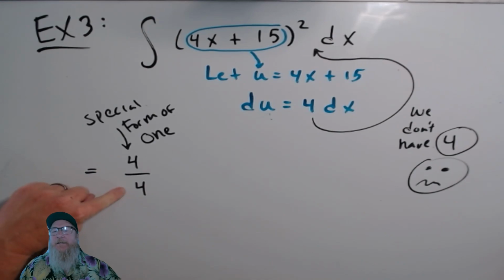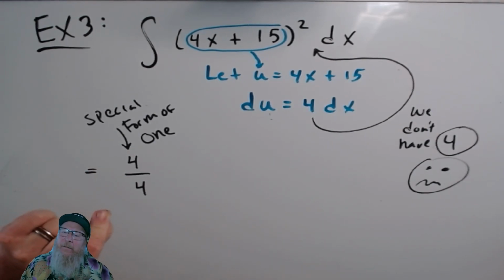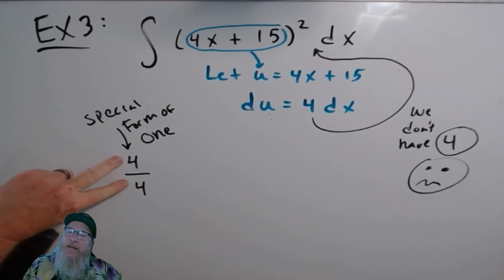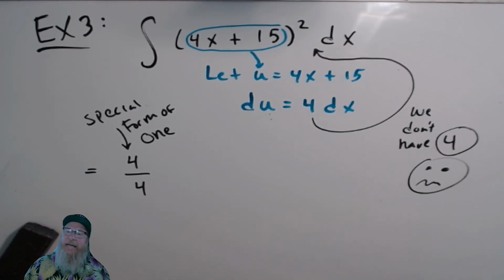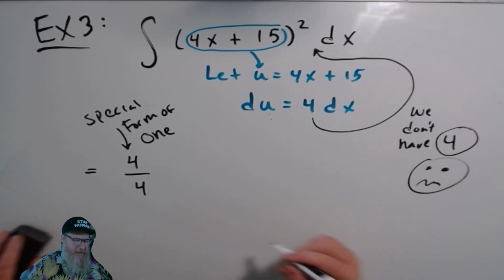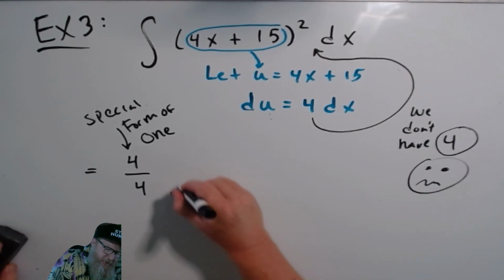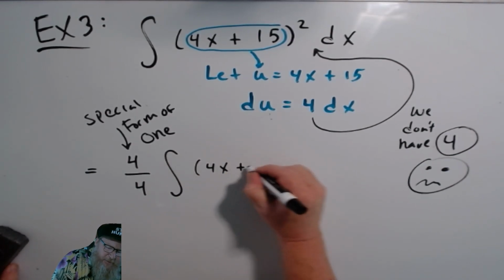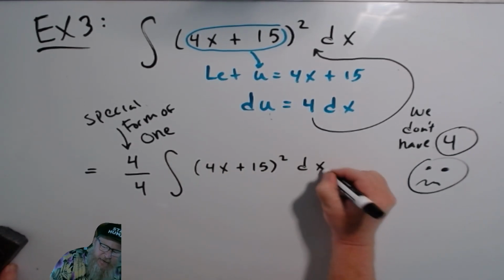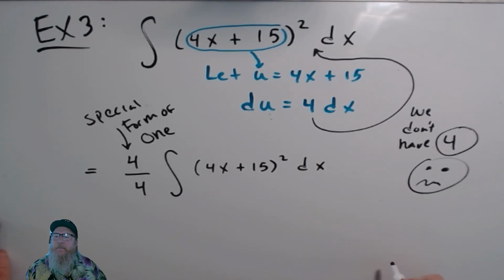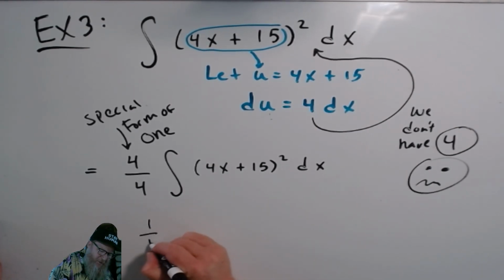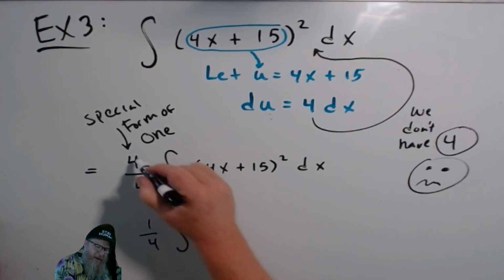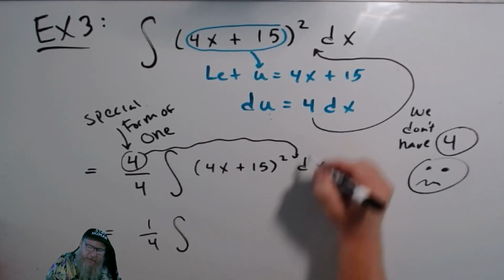Right? Now, the problem is you can't just put a 4. That wouldn't be legal. But you can put a special form of 1, which is 4 over 4. And you can do this for any constant. Right? You can do this for any constant. So you're going to get the integral of 4x plus 15 squared dx. And then you're going to leave one of the 4's outside. And the other 4, you're going to bring it in.